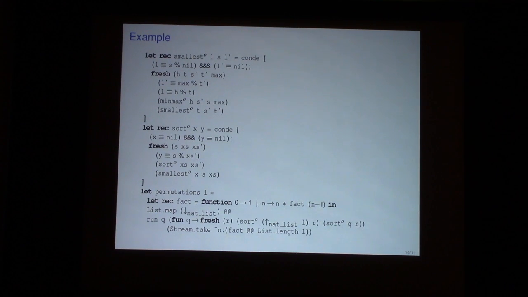So we specify the first argument as a logical variable, here q, and r is the result of sorting. After running backwards, we take the results and print them. So we receive all permutations using a predefined sorting function.